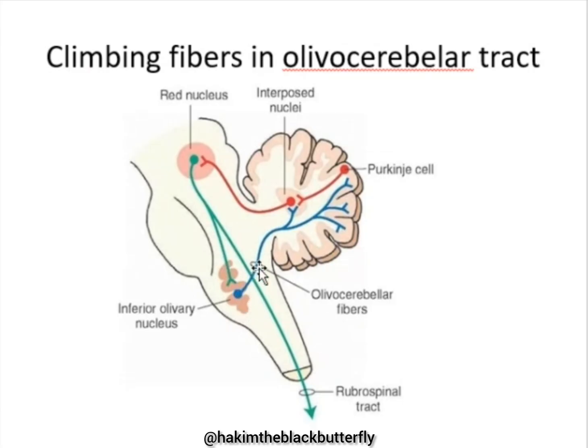They move as the olivocerebellar fibers until they reach the molecular layer of the cerebellar cortex. As they are moving, they transmit some of their impulses to the cerebellar nuclei, and then they continue up until they reach the molecular layer. So their cell bodies are within the inferior olivary nucleus of the medulla oblongata.